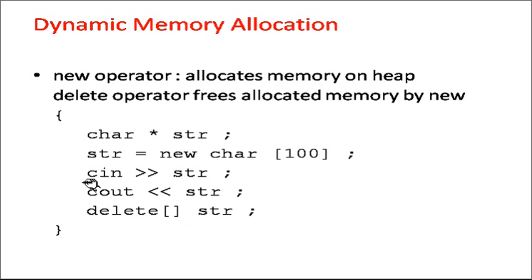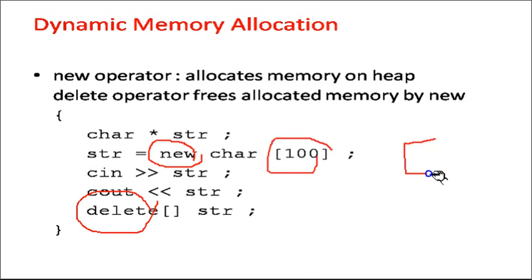Then we ask the user to enter some string, which is stored into str, and then we display str. Since we have allocated memory by new, it is our responsibility to delete that memory, so we use delete. As we allocated memory for the array using subscript notation, in delete also we need to use the subscript notation.